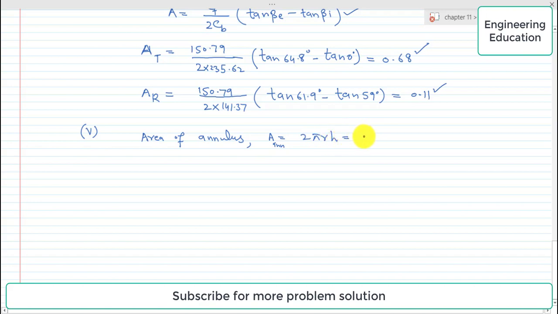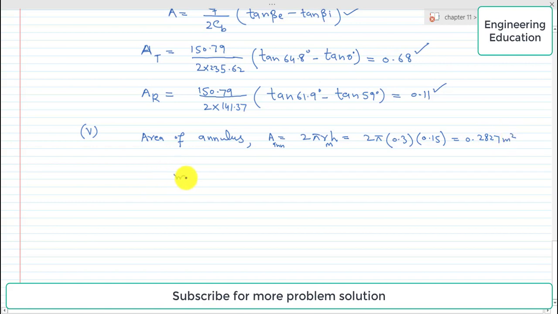This R is basically the mean radius, so it is 0.3, and H is the blade height, which is 0.15, so it is 0.2827 square meter.